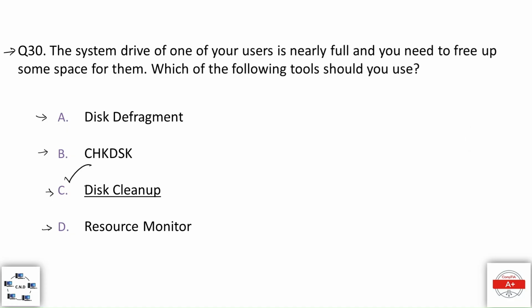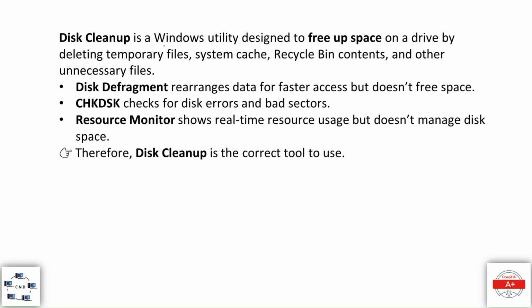option C, disk cleanup. Using the disk cleanup utility, you can free up some space on the user's drive. Disk cleanup is a Windows utility designed to free up space on a drive by deleting temporary files, system cache, recycle bin contents and other unnecessary files.